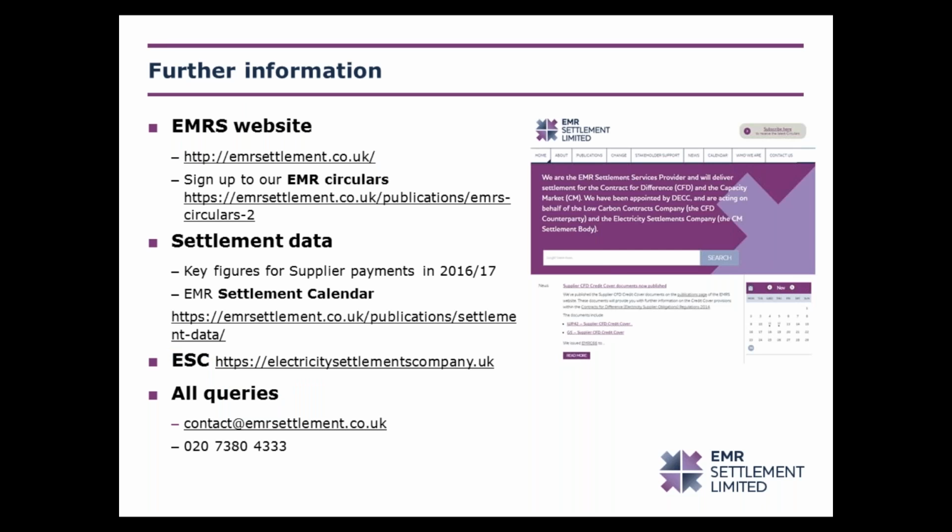The last question is, assuming I submit a net demand forecast of 0, do I have a credit requirement of 0? Yep, because 110% of 0 is 0, so you won't need to worry about credit cover.